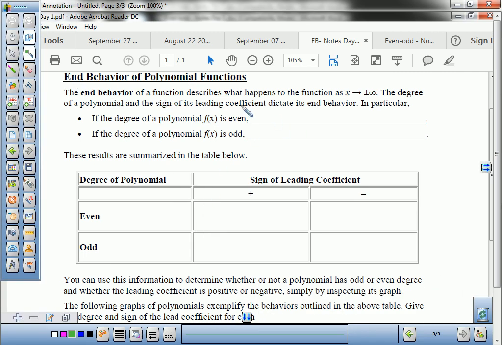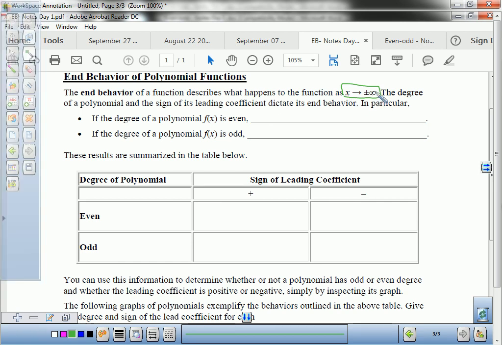End behavior of a function describes what happens as x approaches positive or negative infinity. Is the function increasing? Decreasing? What's going on? Remember our ends? That's all this is.